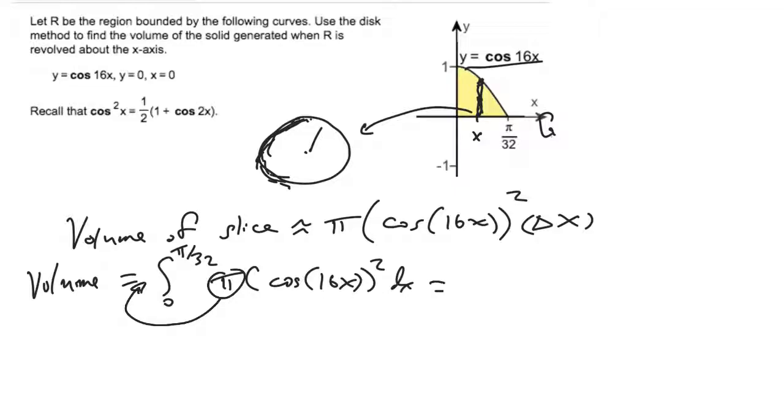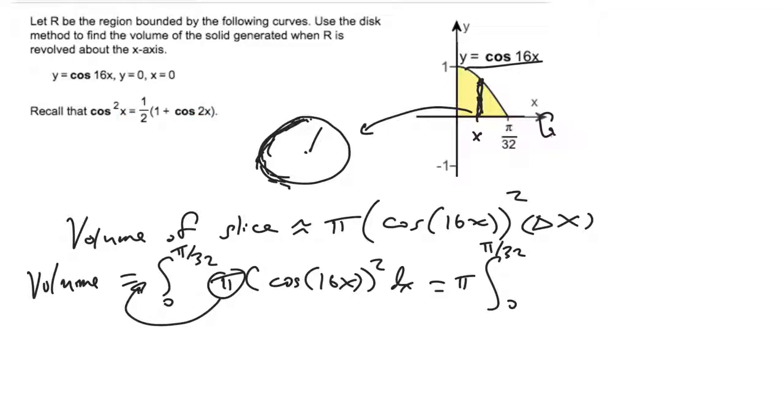So the first thing, other than making sure the pi is there, is to rewrite the cosine squared as 1/2 times 1 plus cosine of twice that angle. It doesn't matter what angle this is, it's going to be 1/2 times 1 plus cosine of twice that angle.